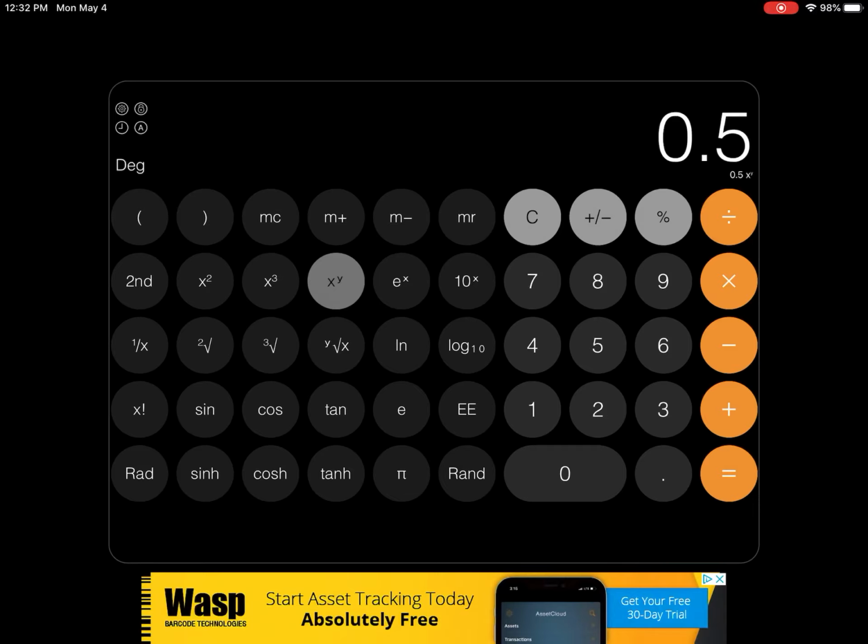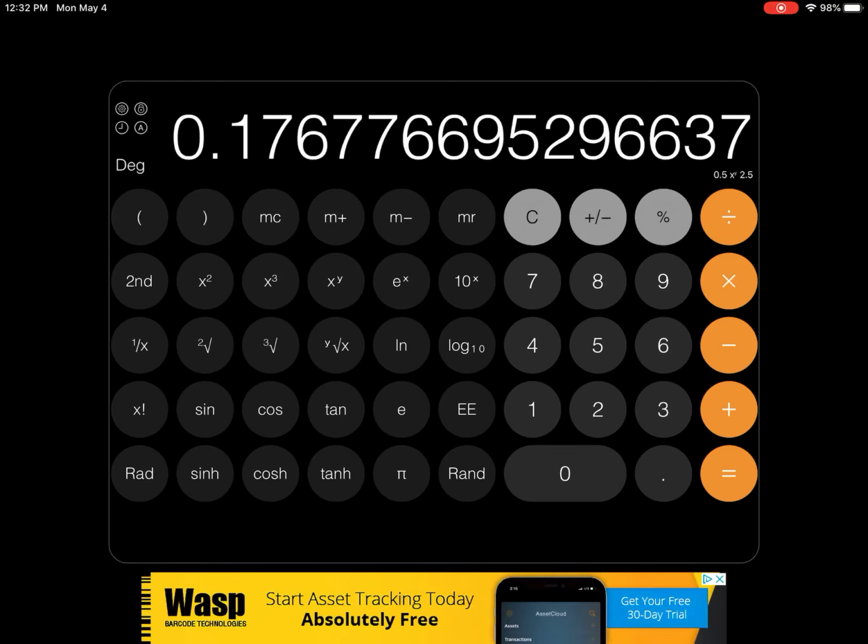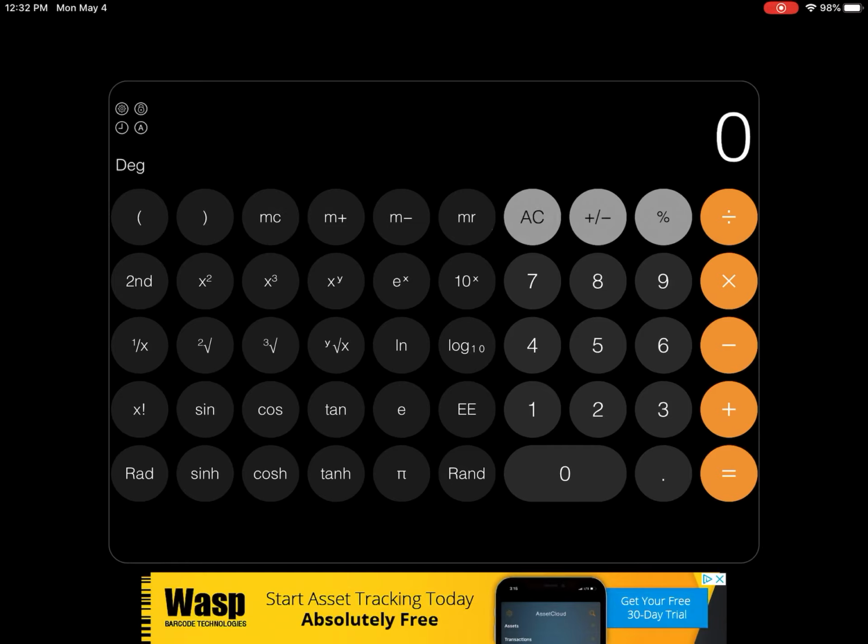I need to turn the 0.5 into a 0.2 using the same method. So 0.5 needs to get smaller. Let's just try squared. That was actually not a bad guess. We're pretty close. What about 0.5 to the exponent of 2.5? Too big.